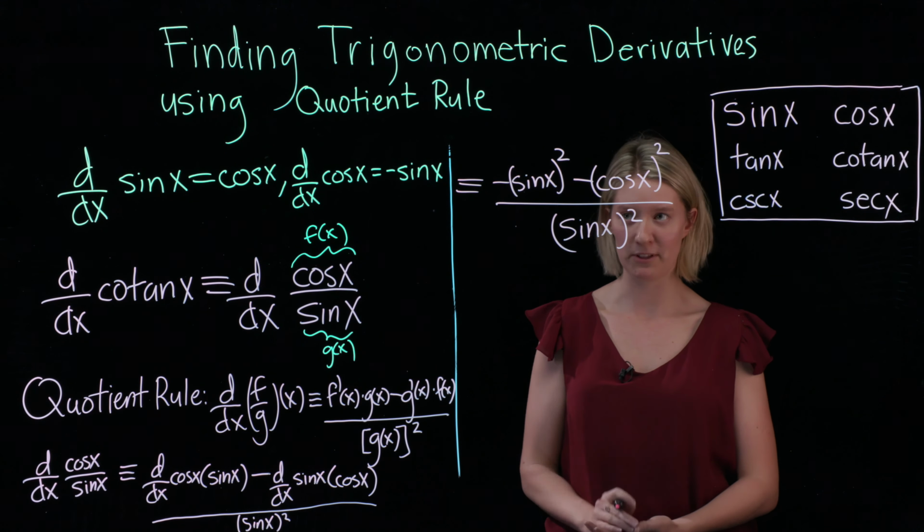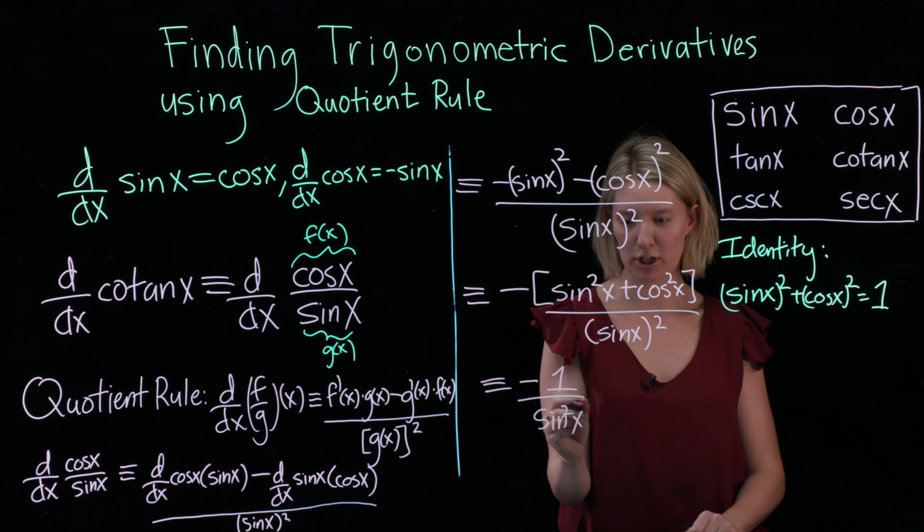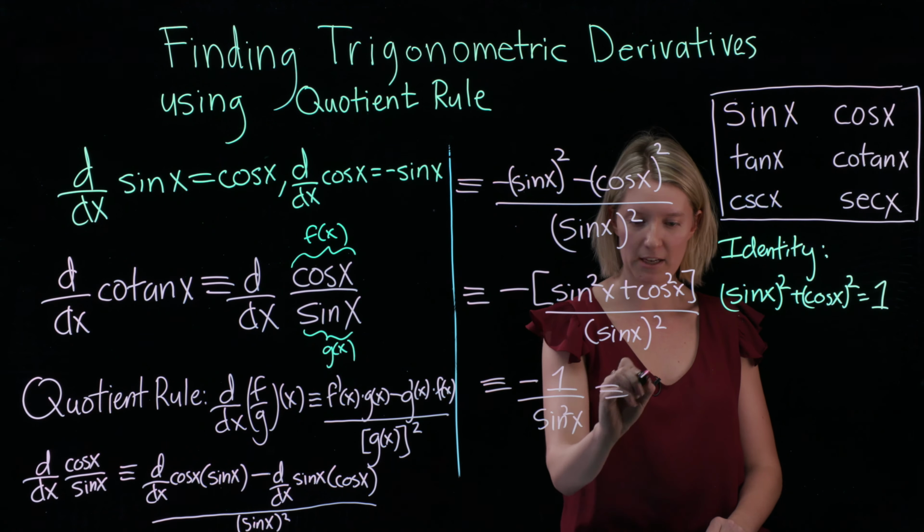sine of x squared. And again, knowing some basic trigonometry, I know that I could break this into two pieces. So I have negative 1 over sine of x times 1 over sine of x. And this would turn into cosecant.